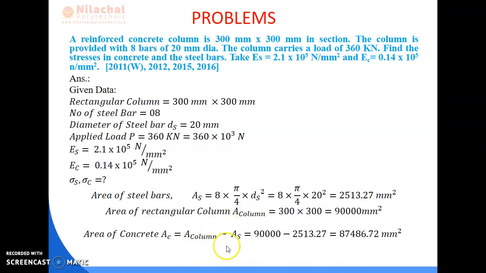Now AC is equal to area of column minus area of steel, that is 90,000 minus 2513.27. Now finding the difference, we get 87,486.72 mm square.